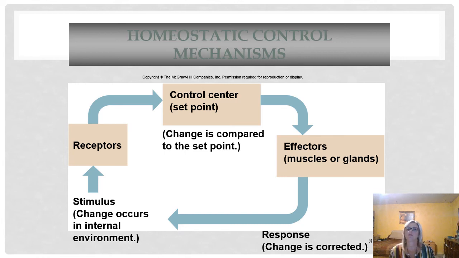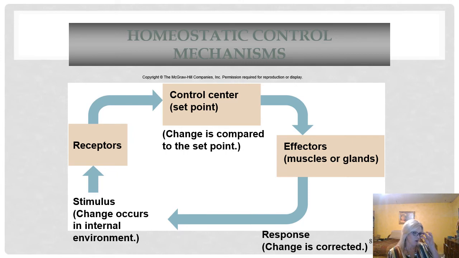Your body is going to sense that your internal environment is above that 98.6, and it's going to tell the control center we're getting too hot, and so that is going to cause you to sweat. Then due to evaporative cooling, the sweat is going to help cool your body down. The receptors are going to, again, sense that, tell the control center you're cool enough, and so it will tell the sweat glands, in this case, to stop producing sweat, and you will go back to your normal set point.